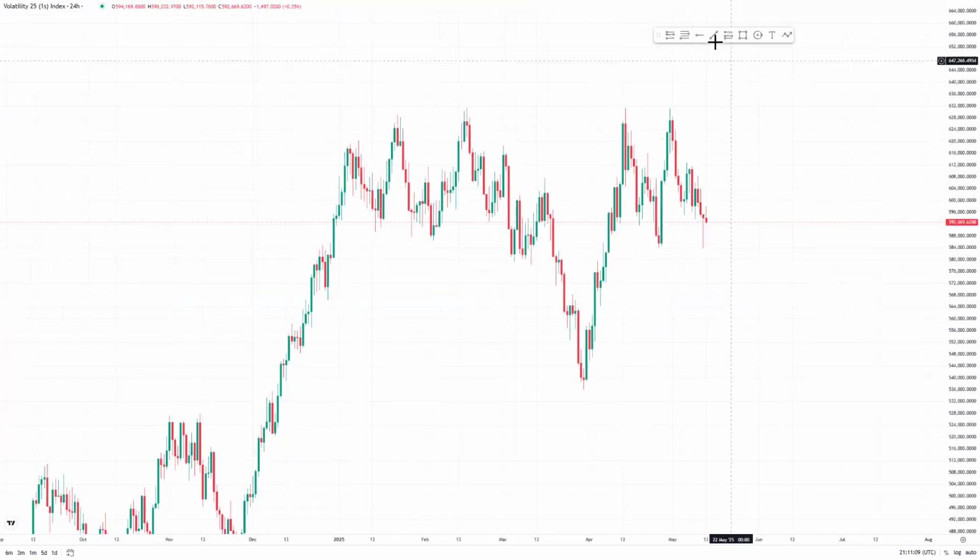Because what did I say? I know some people might have marked this order block. They'll say they want to buy from there because of what they saw on this 24 hours time frame.